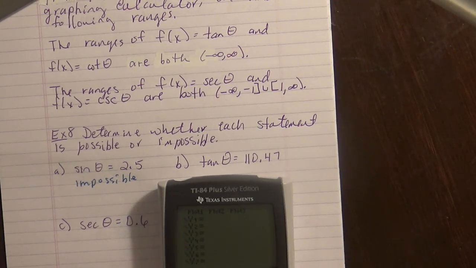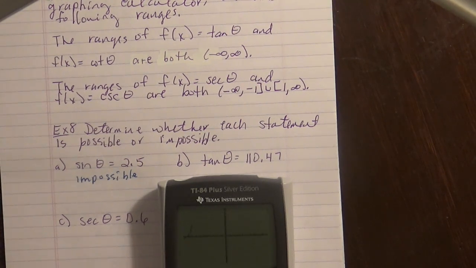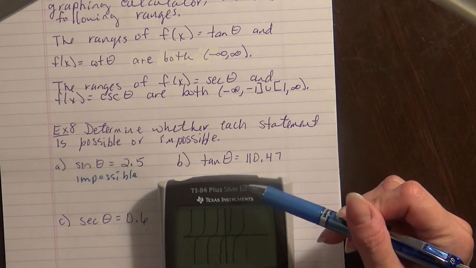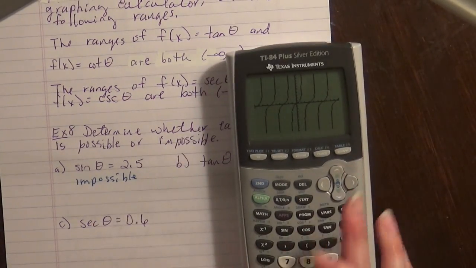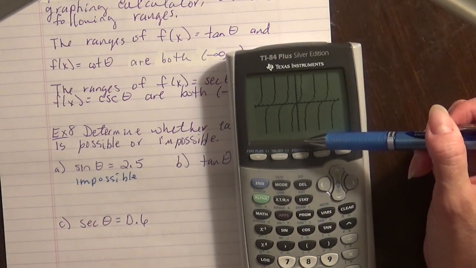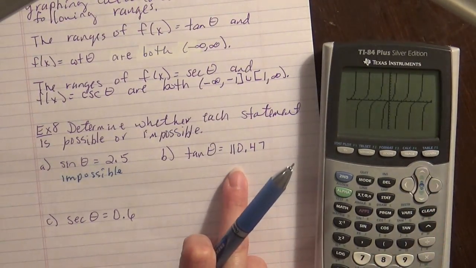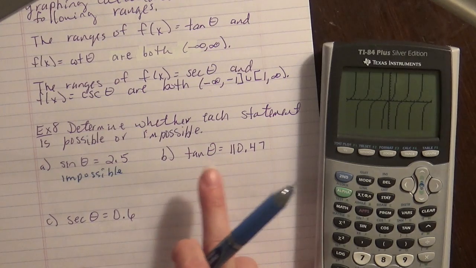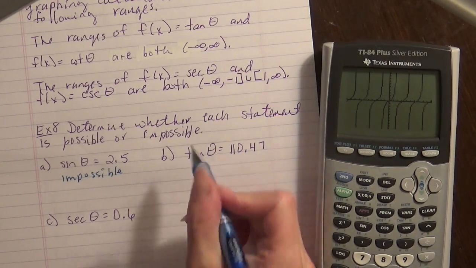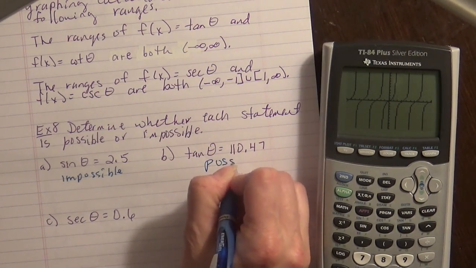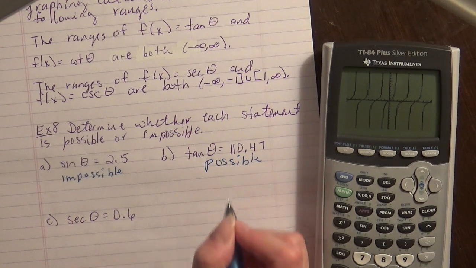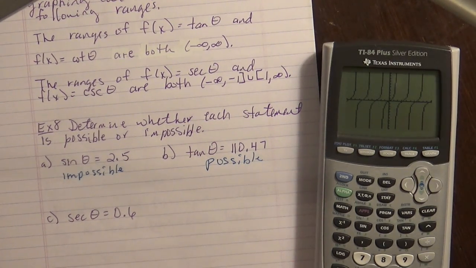I need to clear out the old one. Okay, remember the tan function passed through the x-axis like a bunch of x cubed functions. So this range was negative infinity to positive infinity. So it's okay to have a large value for a tan function. Tan theta equal to 110.47 is definitely possible, because its range was negative infinity to positive infinity.